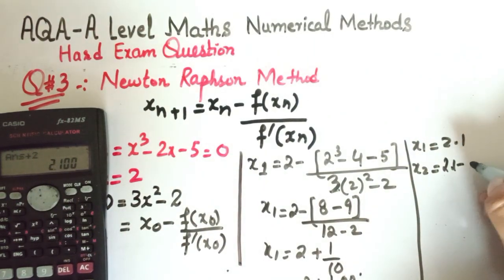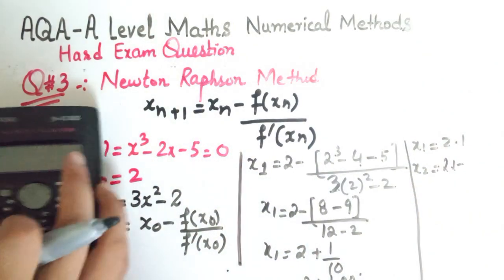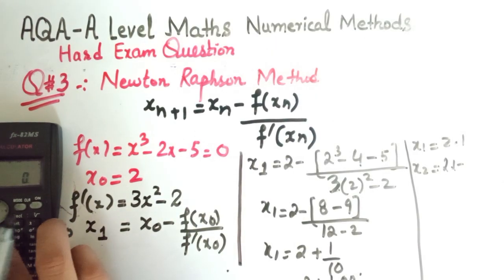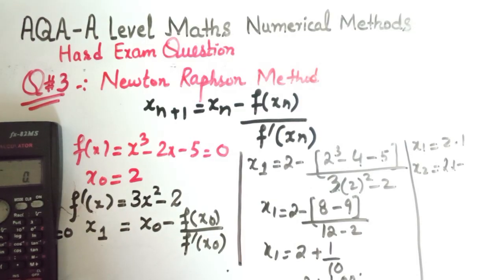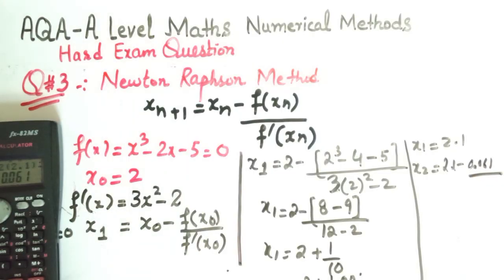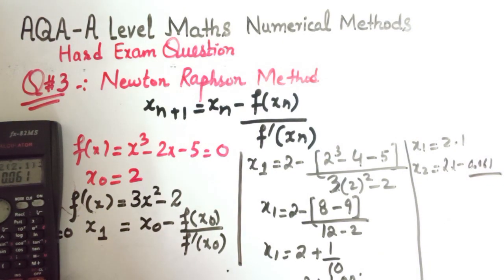So we get 2.1 cubed minus 3 into 2.1, and 2 into 2.1 minus 5, which gives 0.061, and this will be divided by the derivative, that is 3 into 2.1 squared minus 2.